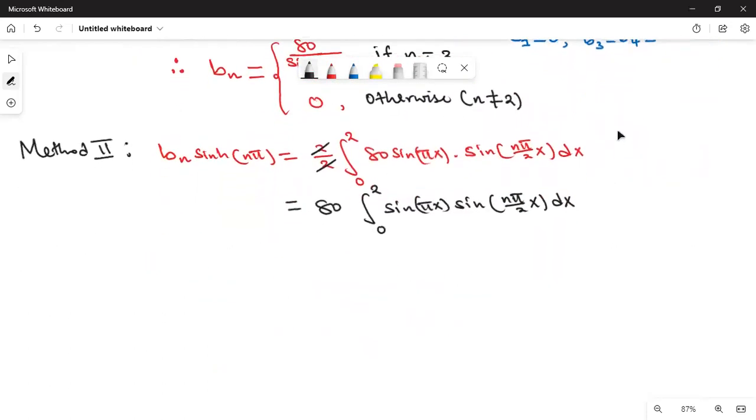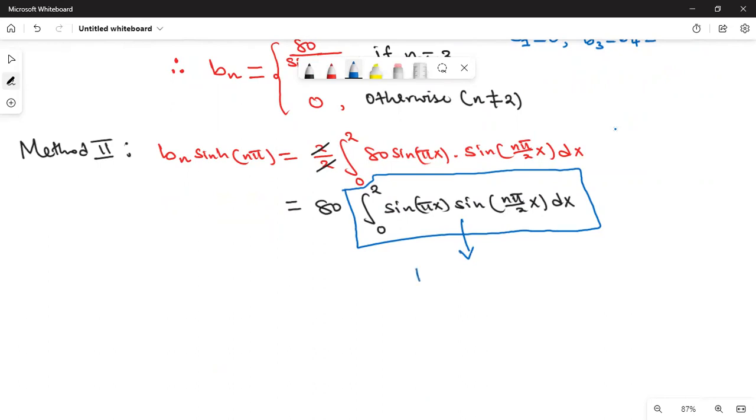When you integrate this, you're going to get 1 if n is equals to 2, and it is 0 otherwise, when n is not equal to 2. So it has two parts depending on the value of n. So therefore we expect our result here to be 80 times this one.